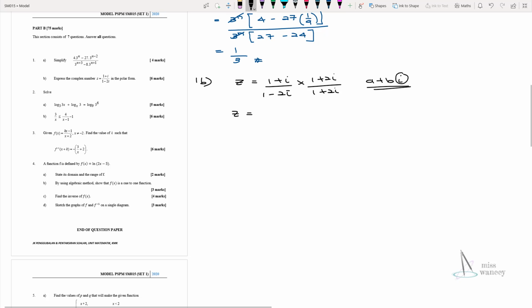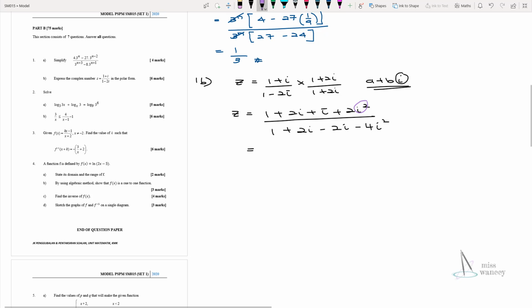Therefore z will be equal to, so 1 times 1, 1, 1 times 2i, 2i, i times 1, i, i times 2i, positive 2i squared, over 1 times 1, 1, plus 2i, minus 2i, and then minus 4i squared. So i squared is equal to negative 1.